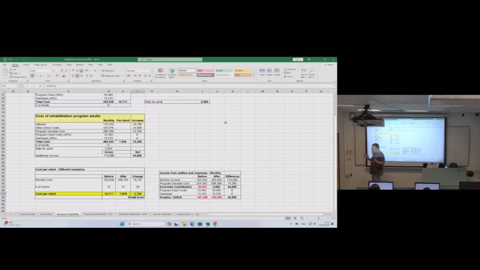So in that case, the process should be, again, first of all, the organization has to create a budget based on the additional 20 clients, calculate the additional cost per month for the additional 20 clients, and then divide it by 20 and reach a rate.